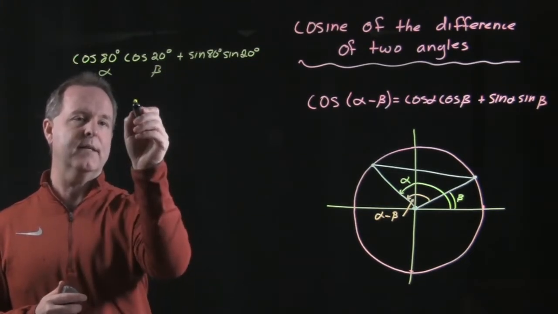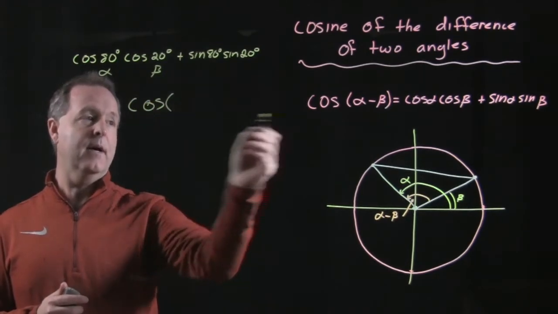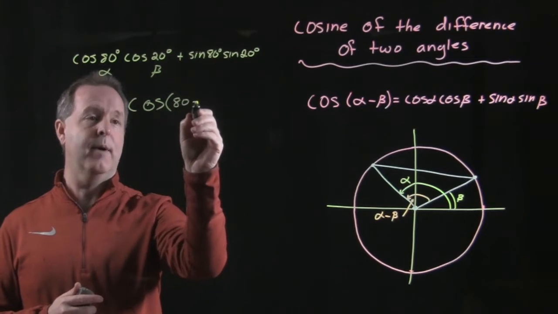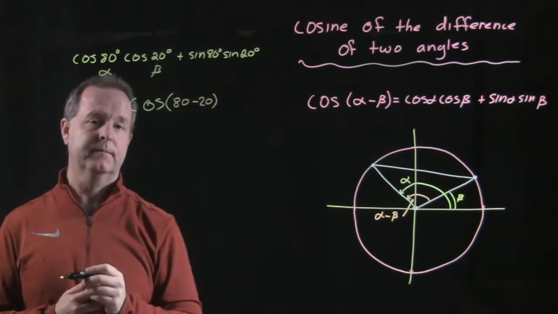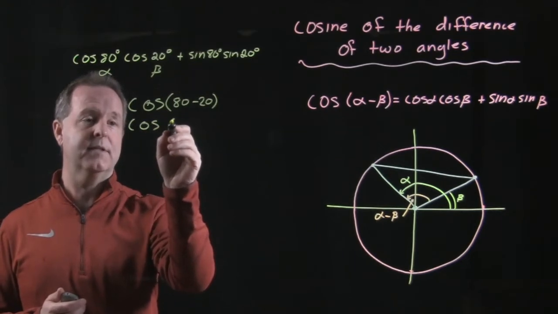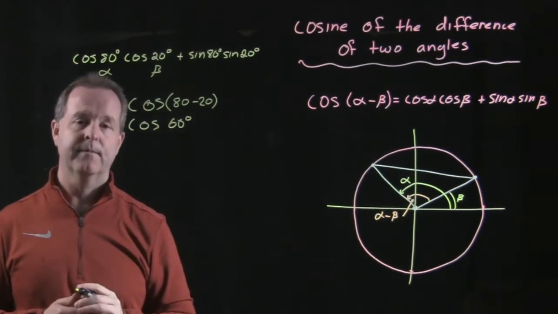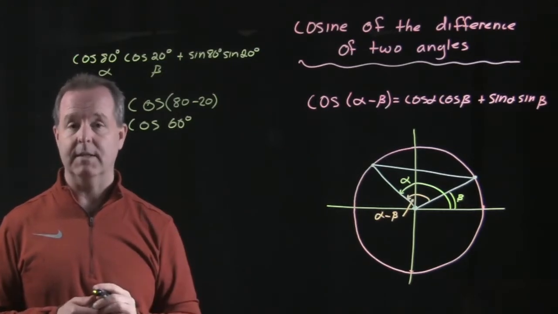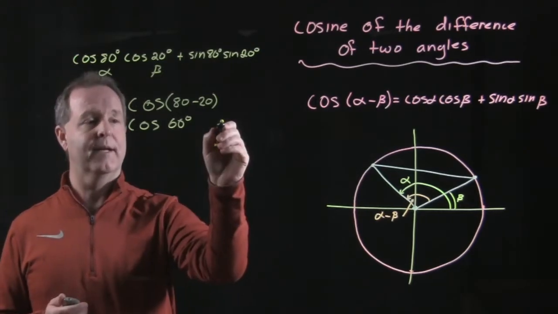So we can rewrite this as the cosine of alpha minus beta, which in this case is 80 minus 20. We can go ahead and reduce that. So that's the cosine of 60 degrees. And the cosine of 60 degrees, do we know the exact value of the cosine of 60? We do. That's 1/2.